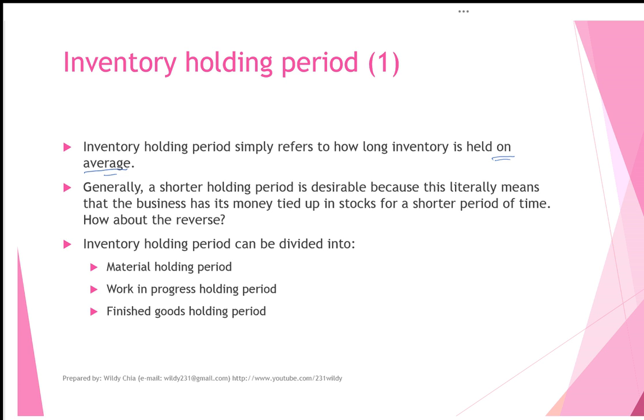What is a desirable length of holding period? The rule of thumb is that generally a shorter holding period is desirable, because it means that the business has its money, or working capital, tied up in stocks for a shorter period of time. The shorter the time you hold the stocks, the faster you are able to take back the capital and reinvest it.